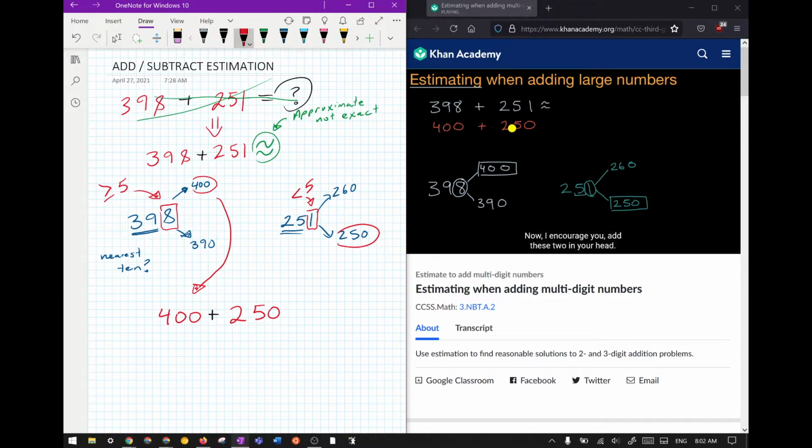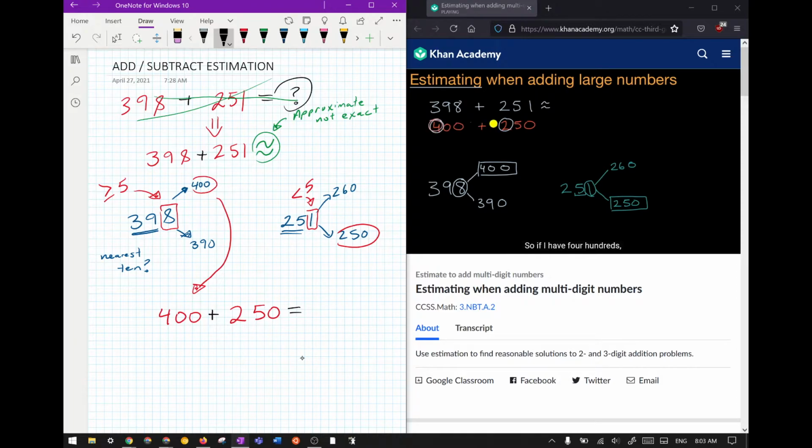Now I encourage you, add these two in your head. What would this be equal to? Well, the way that I think about it in my head, and there are a lot of different ways to approach addition, but you could say, all right, I can think about the hundreds. I have 4 hundreds, and I'm adding that to 2 hundreds. Let me do this in a new color.